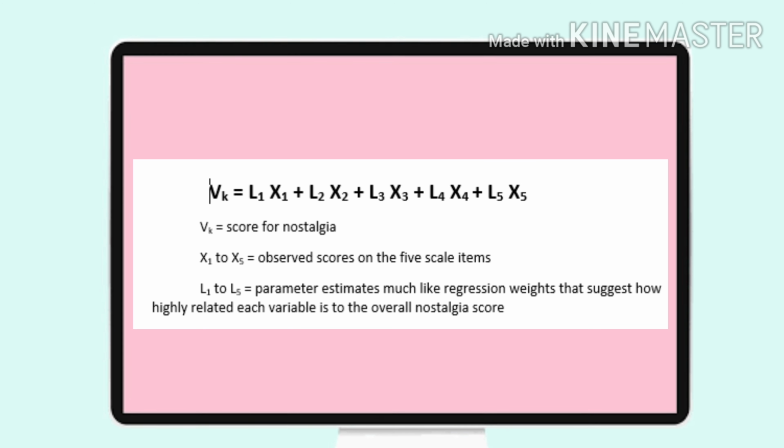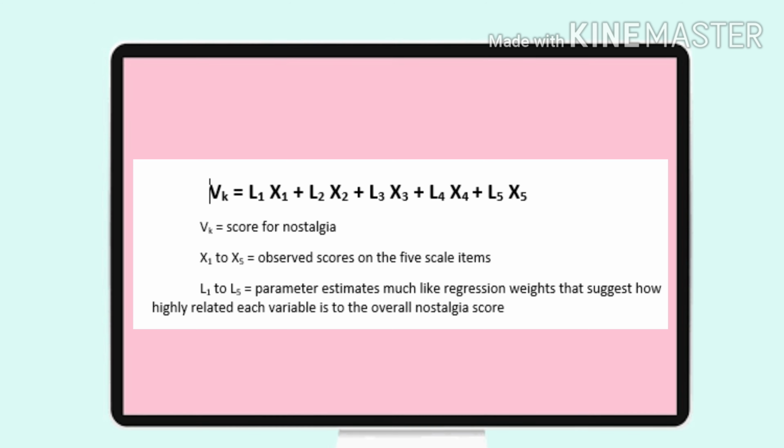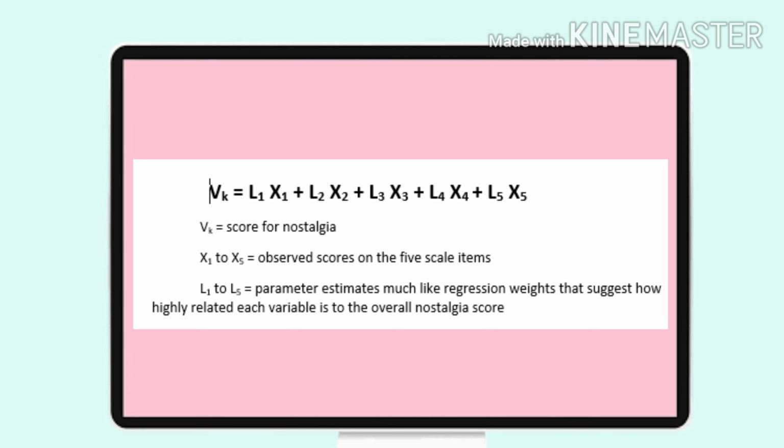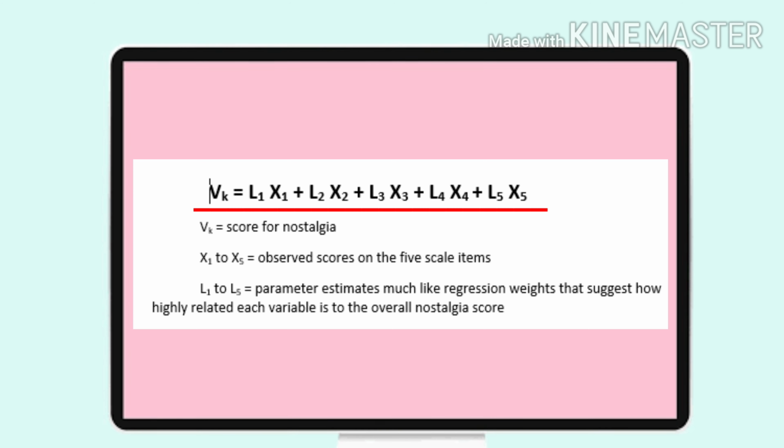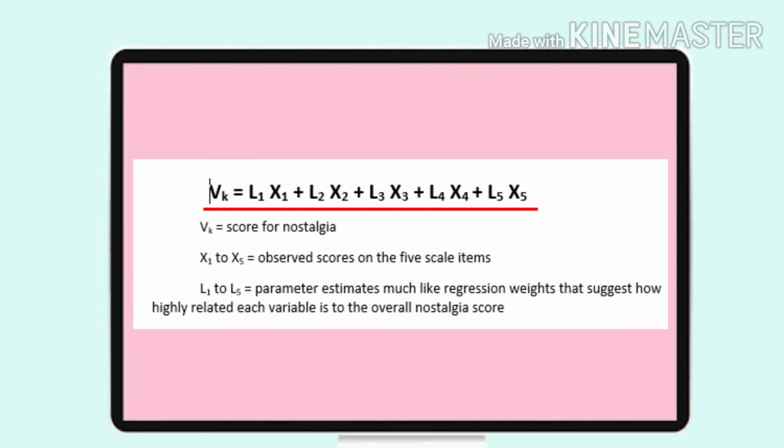Here is a simple illustration. Recall that constructs are distinguished from variables by the fact that multiple variables are needed to measure a construct. Let's assume we measured nostalgia with 5 questions on our survey. With these 5 variables, a variate of the following form could be created: Vk equals L1 x1 plus L2 x2 plus L3 x3 plus L4 x4 plus L5 x5.